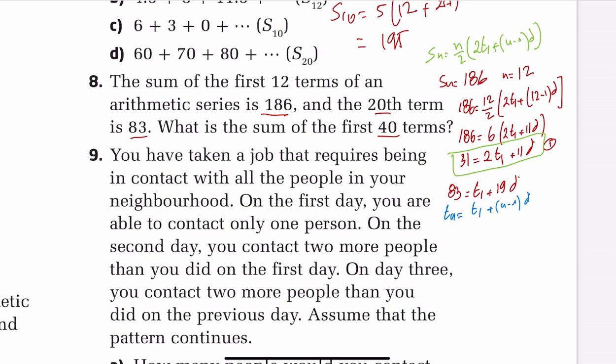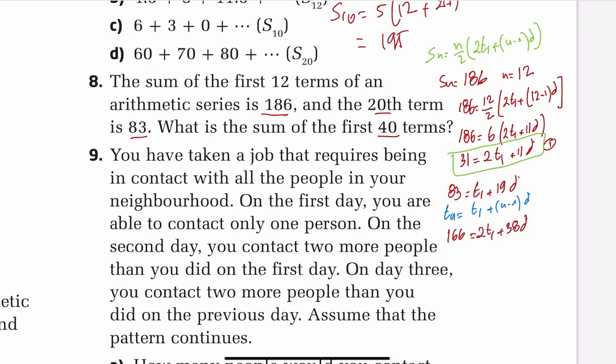If I want to have 2t1 here so it can match this equation, I will just multiply by 2, which gives me 166, everything times 2, and I will get 166 is equal to 2t1 plus 38d.